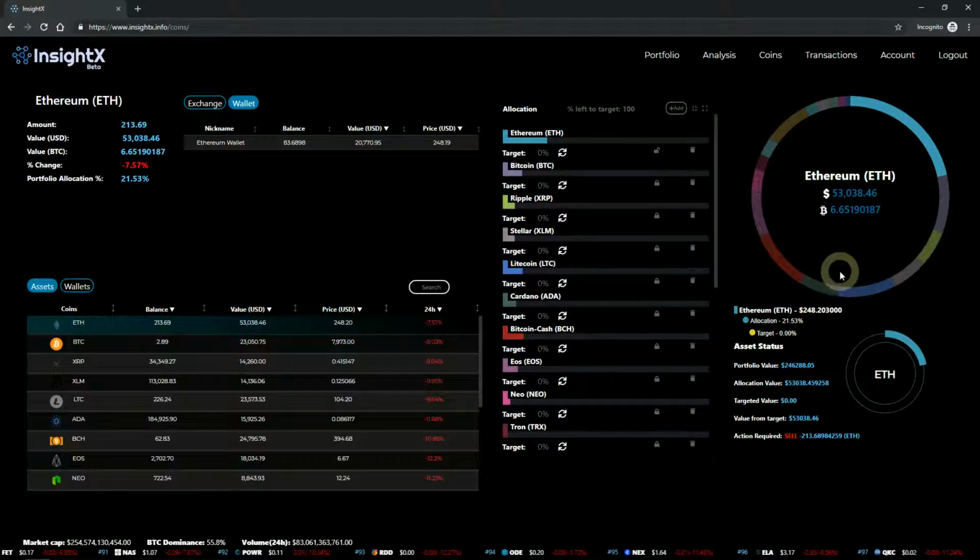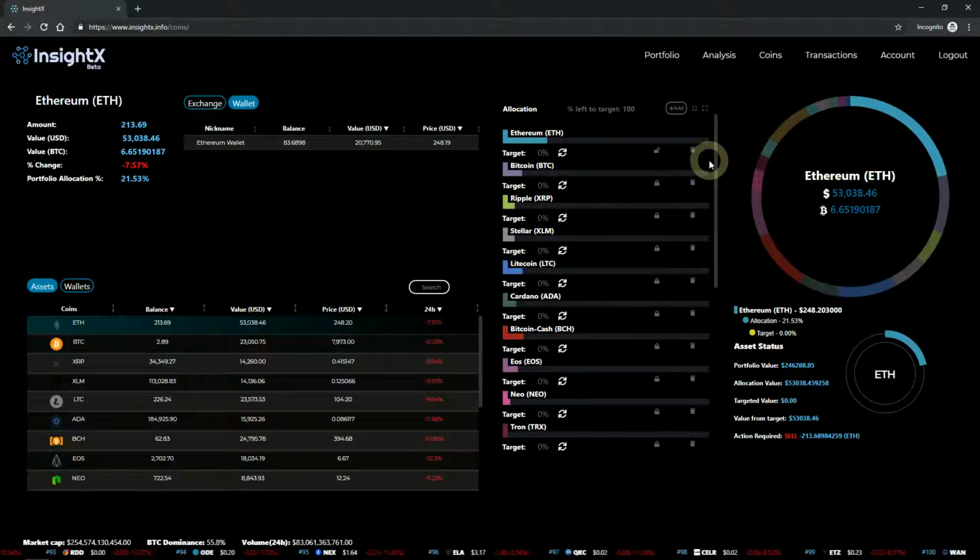The breakdown in the summary is showing you the Ethereum allocation that you're holding. The Ethereum global price currently is $248. You're seeing the allocation that Ethereum is actually holding in terms of percent. You're looking at the targeted percent, so let's go ahead and change that.